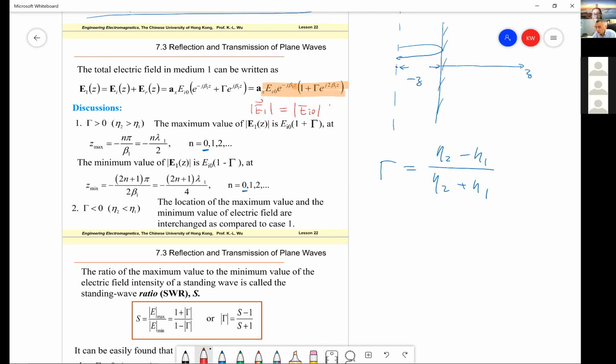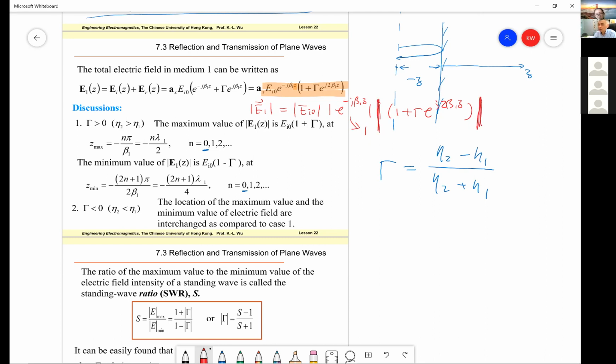Then this is equal to what, right? Okay, then the only thing that changes with distance is this term, right?